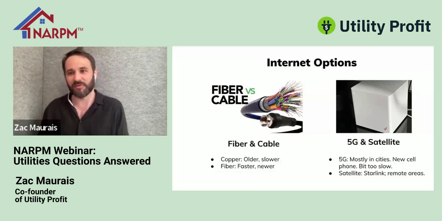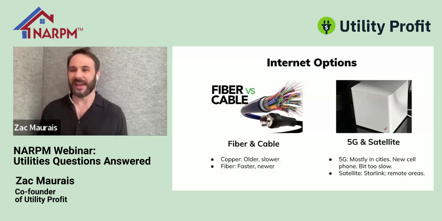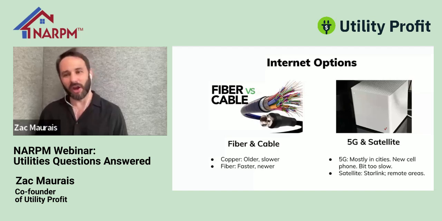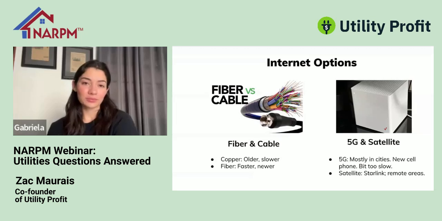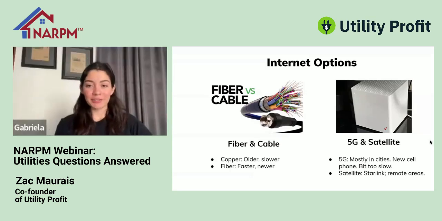I remember when I moved into Austin a couple of years ago, there was a big push by Google to lay fiber optic line, but it's really difficult, especially if it hadn't been done when the neighborhoods were initially set up. You're running into driveways and getting permitting from the city. So long story short, because it's logistically hard and there's not a ton of competition, with probably 5 to 10 companies in the US that really matter, it's probably going to be around the price we're seeing today for the immediate future. Okay, interesting facts here.